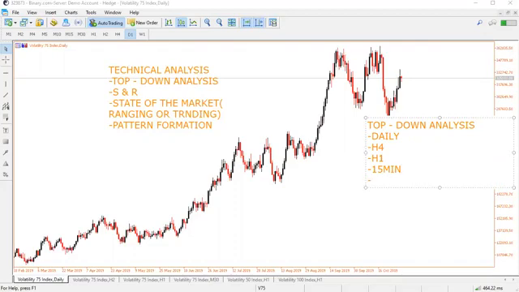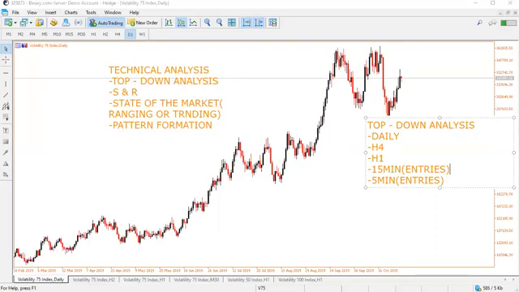And in most cases, the 5-minute and the 15-minute, this is where we make our entries. We make entries here because we want to be able to make early entries. We cannot make entries on the daily time frame.